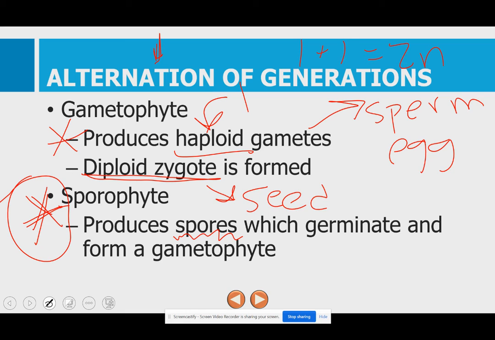In our non-vascular plants, like the mosses, it's the gametophyte stage that is the most dominant or most visible. So in the vascular plants, what we see is the sporophyte stage. In the moss and the non-vascular guys, what we see is the gametophyte stage.